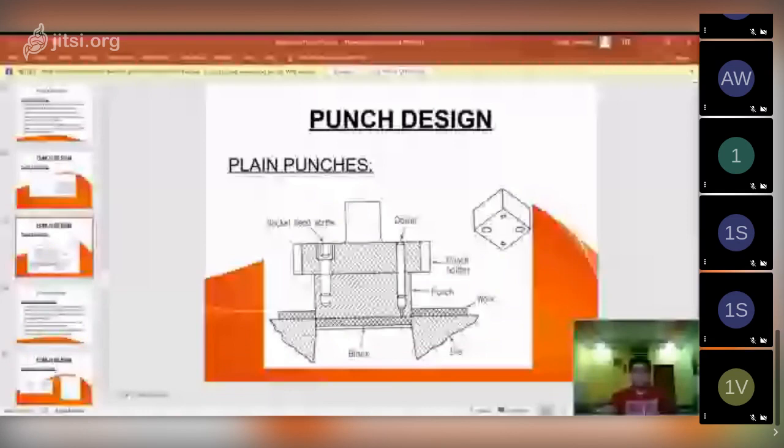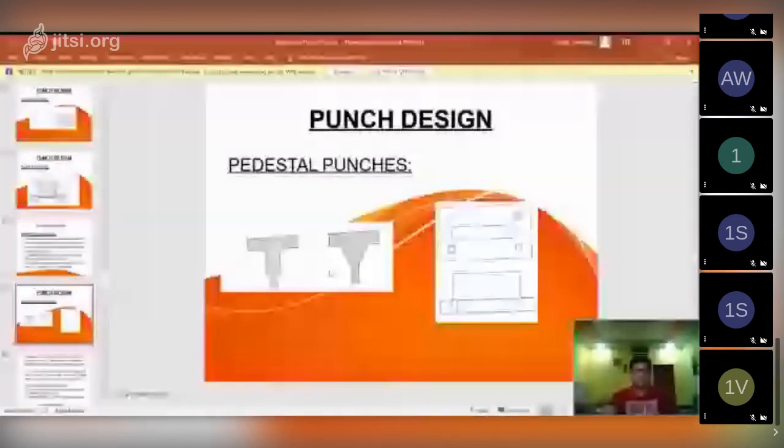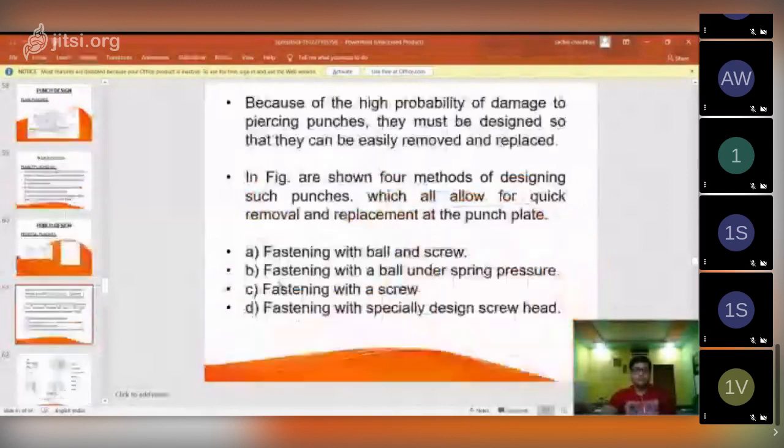Then we saw the pedestal punches, where a flange is provided and the opening diameter is very large compared to the piercing diameter. During piercing, there is a high probability that the punch gets damaged or starts rotating due to the play inside the punch holder.